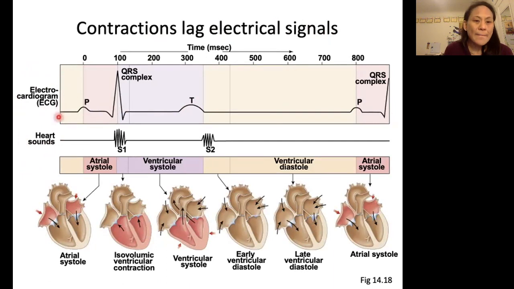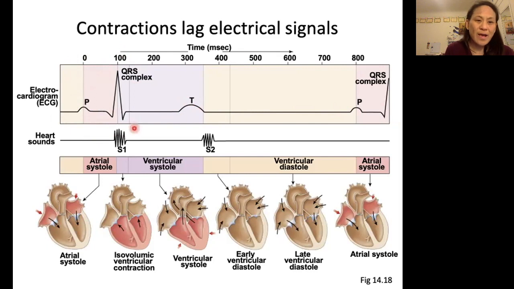I just want to draw your attention to the electrical signals and the corresponding mechanical events. You can see here we have the P wave that starts, and then we have atrial systole, we have the QRS complex, and then we have ventricular systole, we have the T wave, and then we have ventricular diastole.